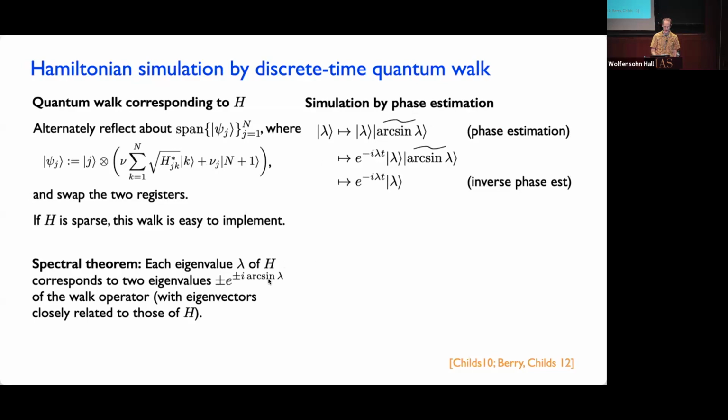The eigenphase of this operator is arcsine lambda. So you can come up with an estimate of arcsine lambda, a number that you're encoding in your quantum computer, writing down in this register. That gives you some specification of what lambda is.